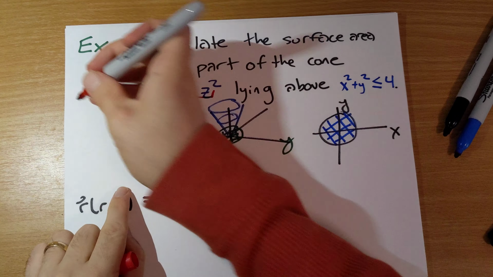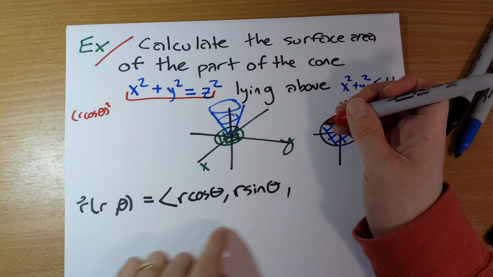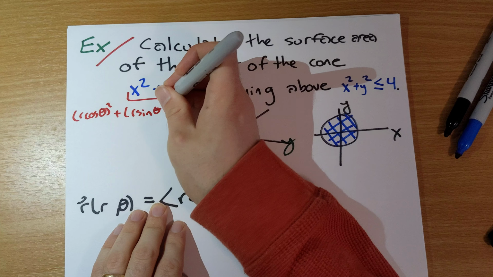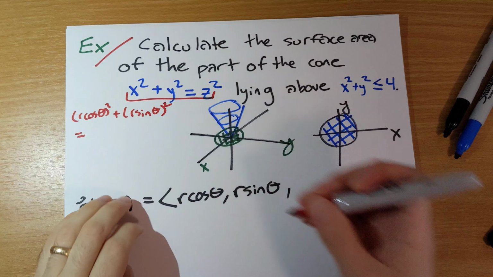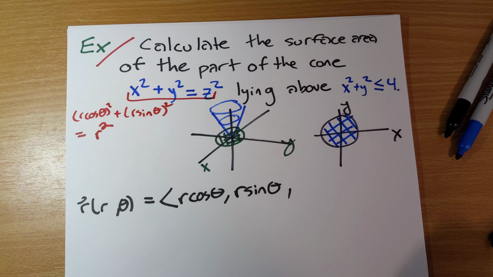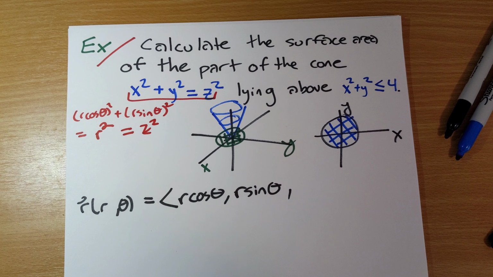X squared is r cosine theta squared, y is r sine theta, so we have r sine theta, quantity squared. But of course, using what we know about polar coordinates, x squared plus y squared is equal to r squared, and this is equal to z squared.